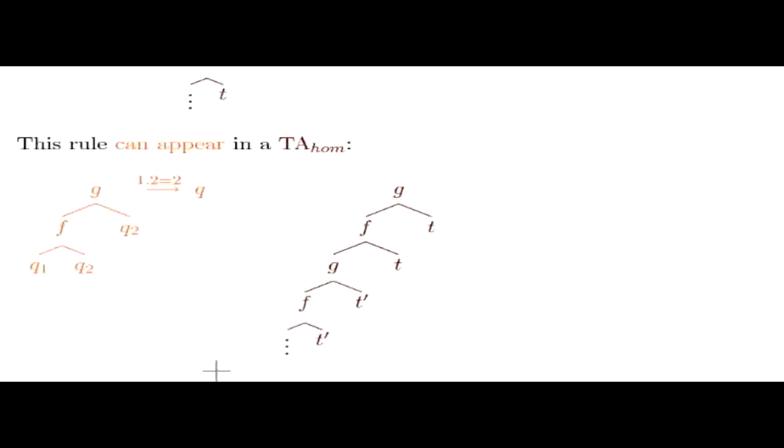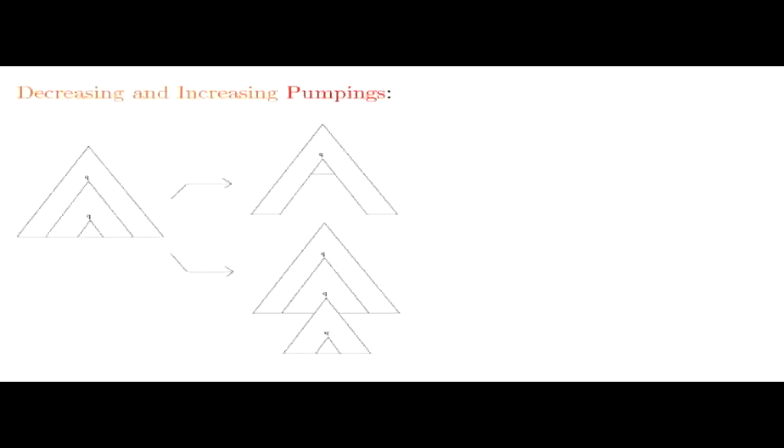For proving decidability of emptiness and finiteness, we need the use of pumpings. They are a traditional concept in automata theory. The idea is to convert a run into another run by replacing a subrun by another subrun. It can be a decreasing pumping in order to decrease the size of the run, or an increasing pumping in order to increase the size of the run.